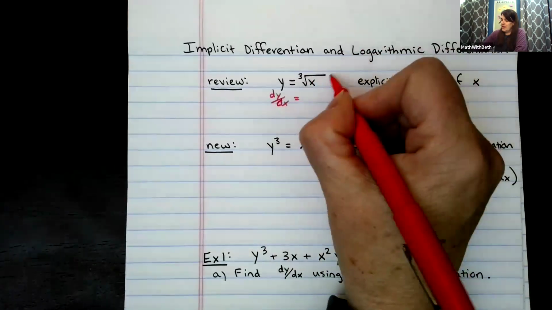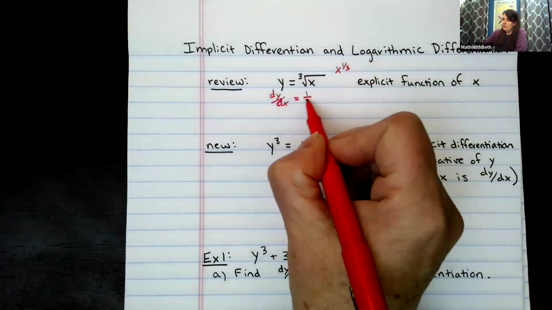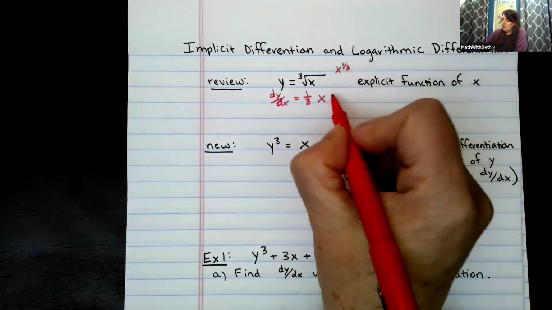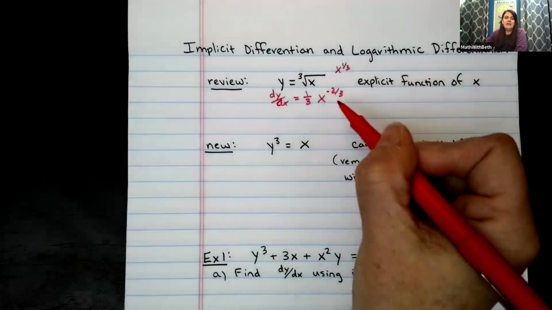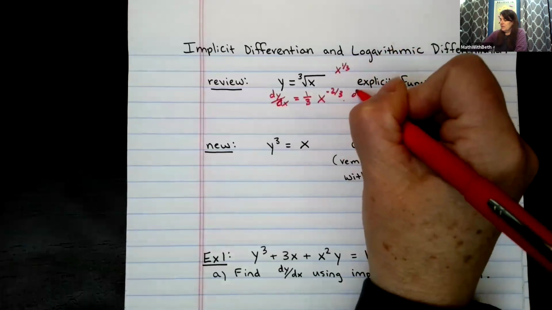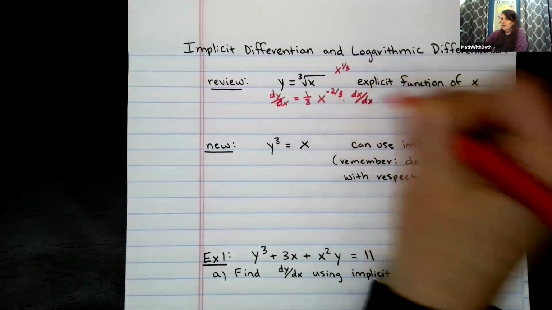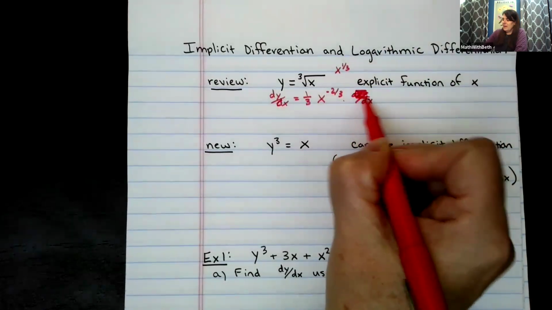Since this is really the same as x to the 1/3, we would put the 1/3 in front, subtract 1, and that's it. Technically, what you're doing at the end there is doing the derivative of x in terms of x, but dx/dx just equals 1.